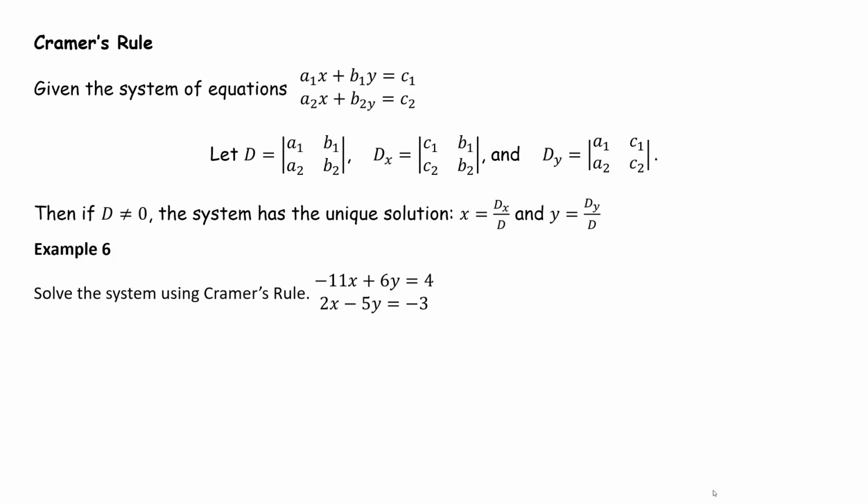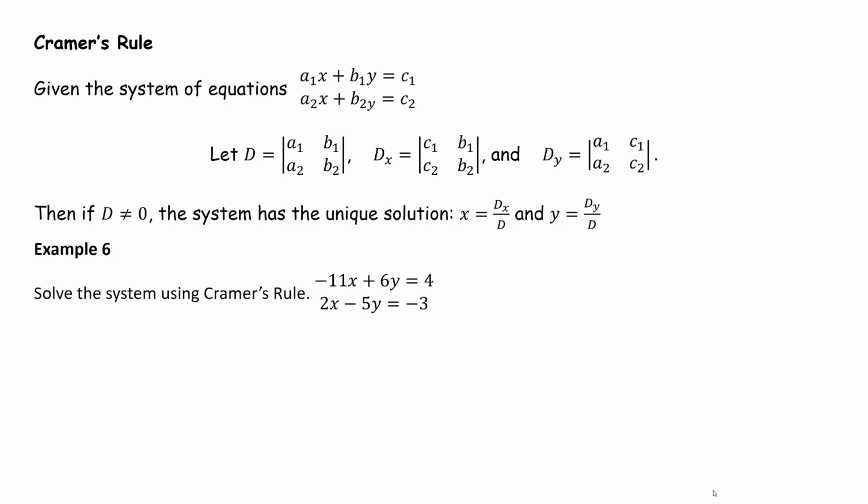So the way we're going to do that is we're going to look at the coefficient matrix first. And the reason we're going to do that is because if the determinant of the coefficient matrix turns out to be 0, we're not going to be able to use Cramer's rule, because the determinant of the coefficient matrix is the denominator when we are working out Cramer's rule.